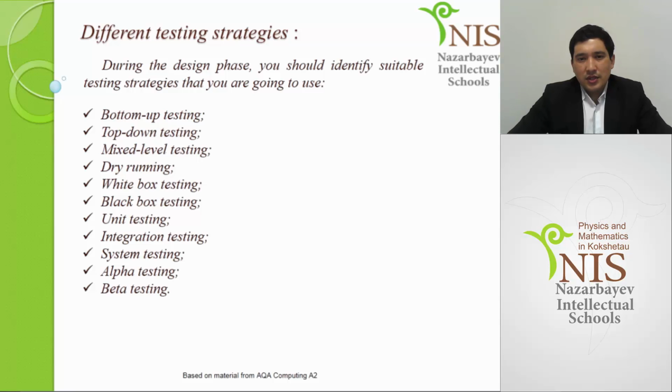You can use different testing strategies. During the design phase, you should identify suitable testing strategies that you are going to use: bottom-up testing, top-down testing, mixed level testing, dry running, white box testing, black box testing, unit testing, integration testing, system testing, alpha and beta testing.